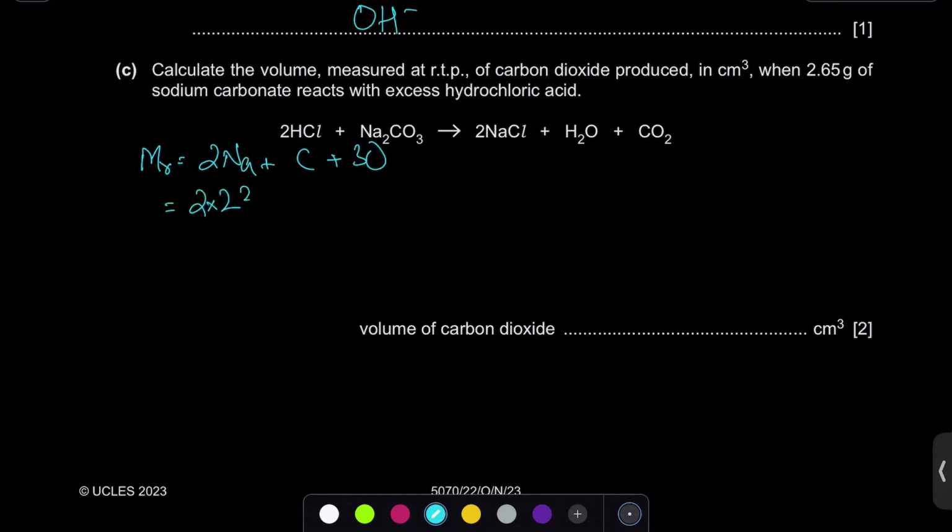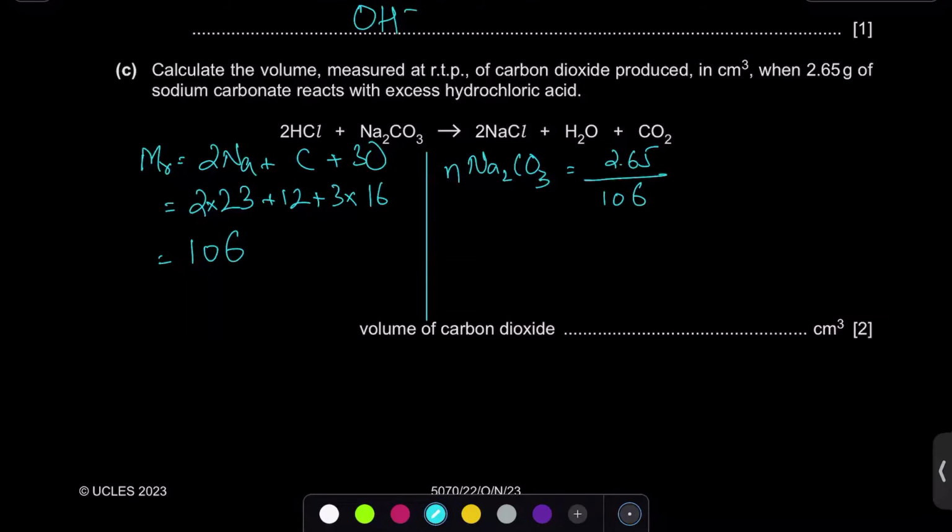So 2 times 23 plus 12 plus 3 times 16, 46 plus 12, that is 58, 58 plus 48, 106. Okay, now I want to find moles of sodium carbonate. So moles of sodium carbonate are going to be 2.65 mass divided by 106. Let's see. Okay, so that's 0.025 straightforward moles.